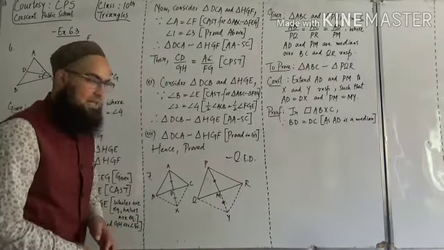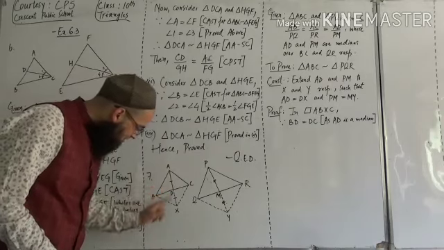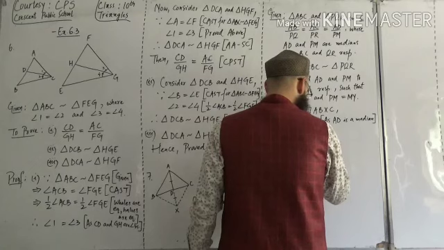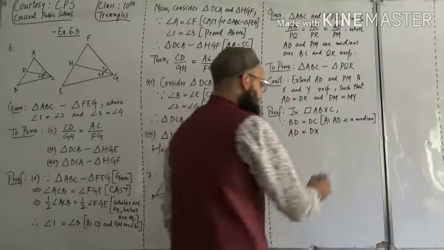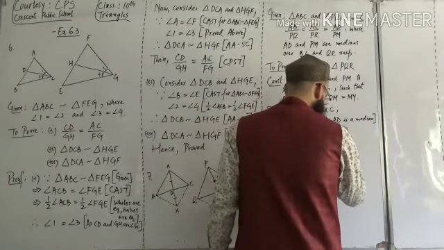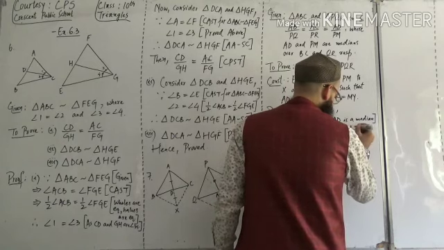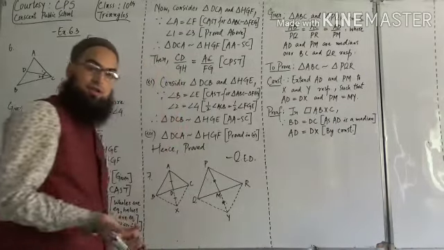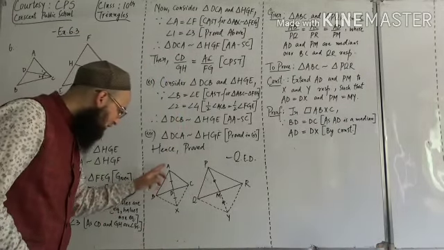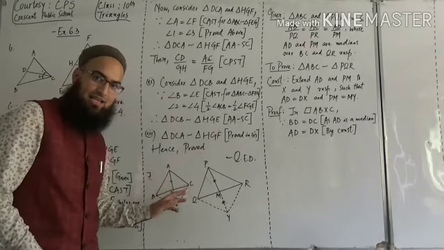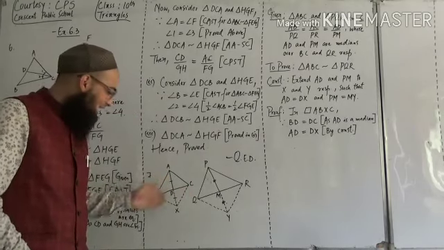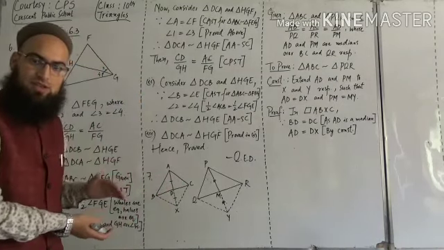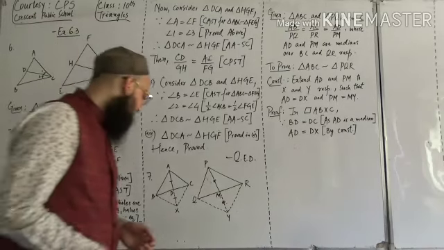What else do we have in this quadrilateral? AD is equal to DX. Why? By construction. Now what we got? In this quadrilateral, the diagonals AX and BC bisect each other.